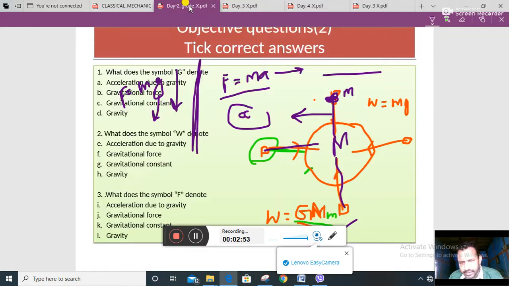So let us see the example from here. This object is over here. It will try to move down, and it will produce an acceleration. That acceleration is called acceleration due to gravity. So the simple definition is the acceleration produced by an object while falling towards the planet or towards the center of a planet.